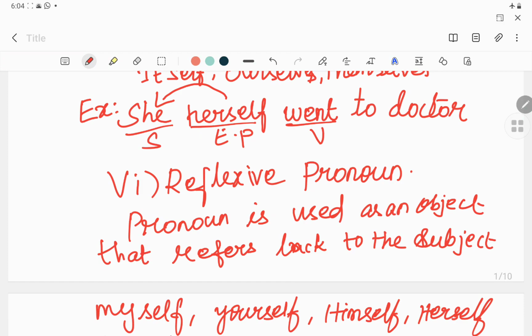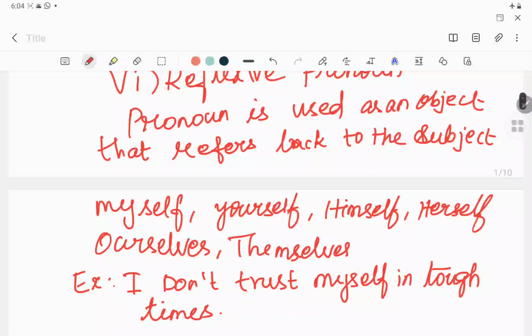If that word, myself, gives emphasis to the subject, that comes under the emphatic pronoun. But reflexive pronoun means that words like myself, yourself come as an object. For that you want to know which is the object. Any word that gives the answer for the question what and who comes as an object.